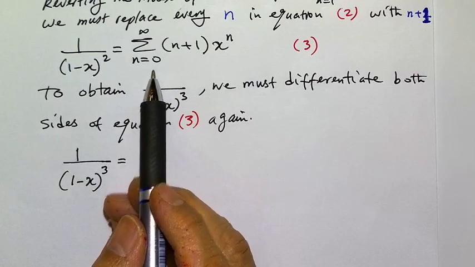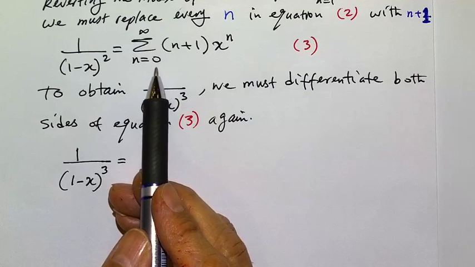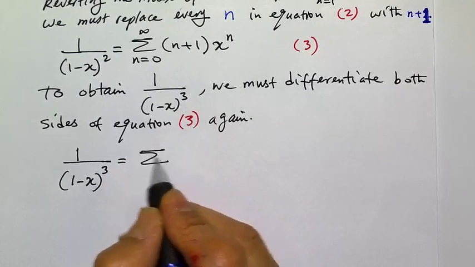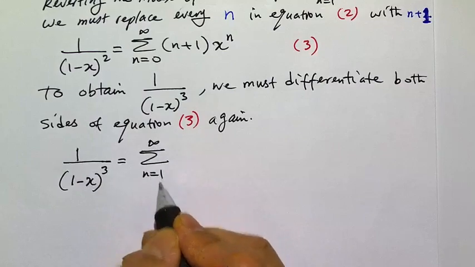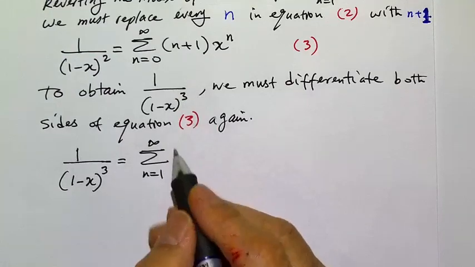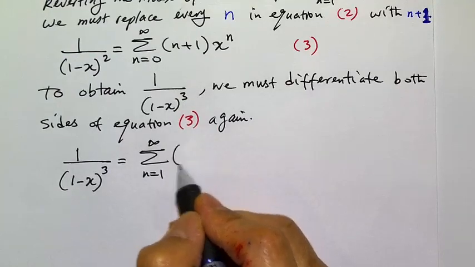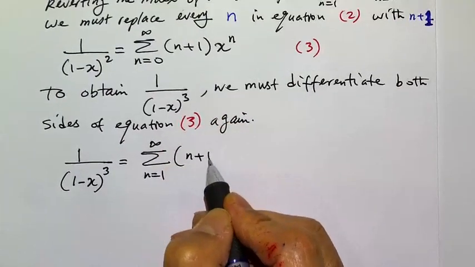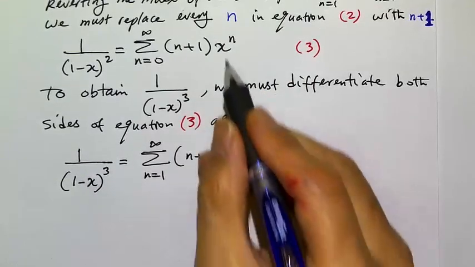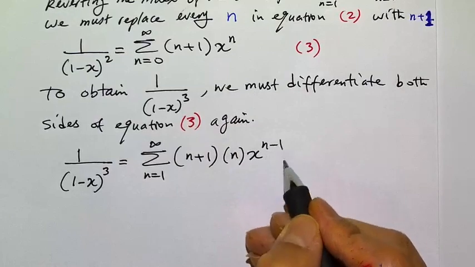And so this again, we're going to reduce or increase this by 1 again. And so we will have n equals 1 in the index. And then we will have n plus 1 times n times x to the n minus 1 power.